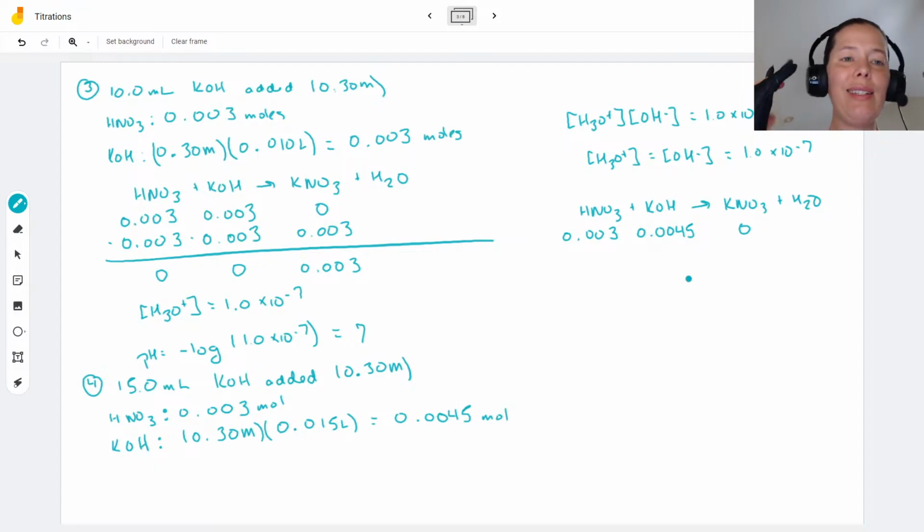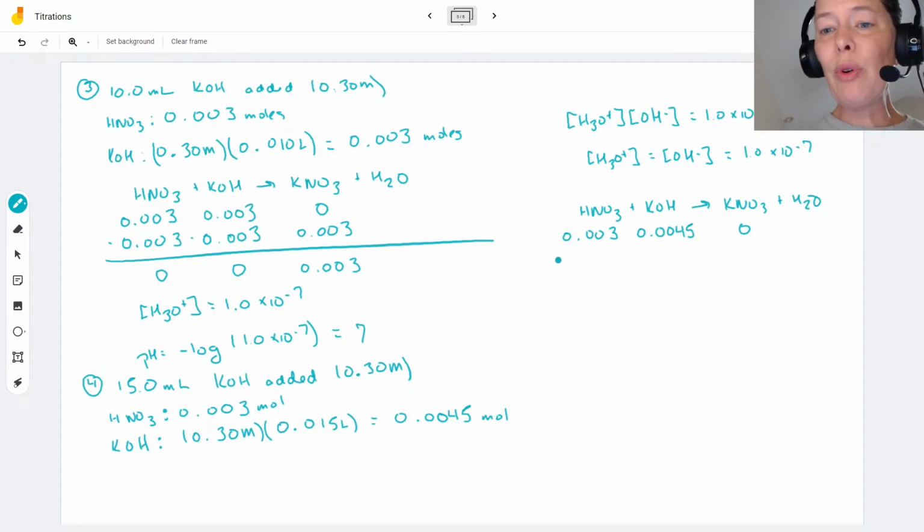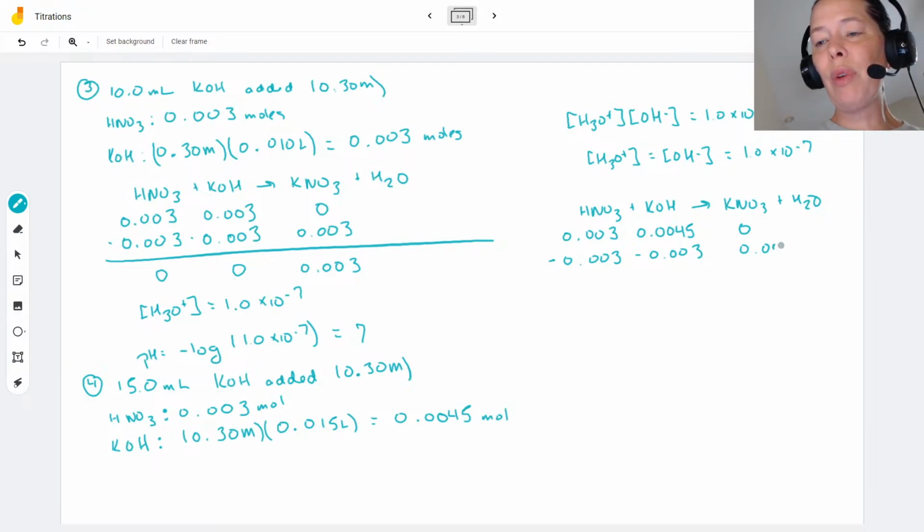Now, when I did step 2, my limiting reactant was my potassium hydroxide, but now you can see my limiting reactant is going to be my nitric acid. So I am going to use up 0.003 moles. That is a negative there. And of course, I will form this many moles of potassium nitrate.